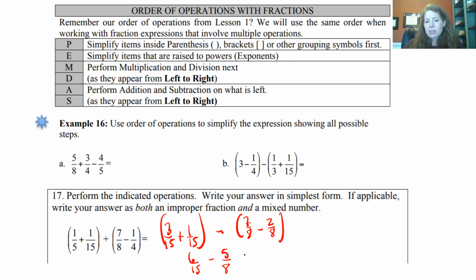There might be a smaller denominator, but I don't know. So anyway, we'll use 120. We're multiplying by 8, so 6 times 8 is 48. We're multiplying by 15 over 15, and 15 times 5 is 60.